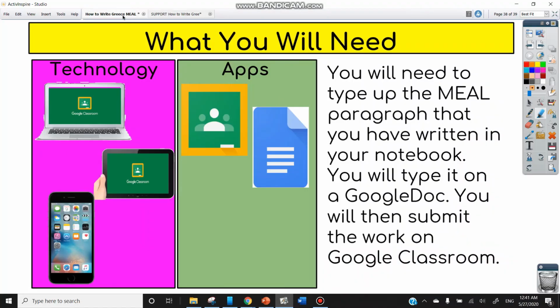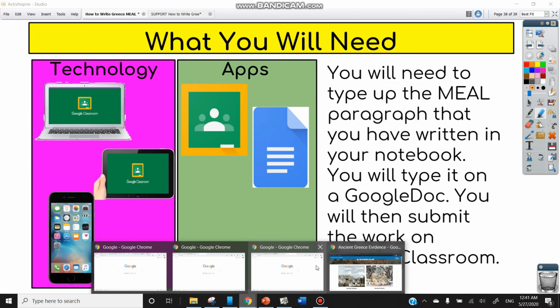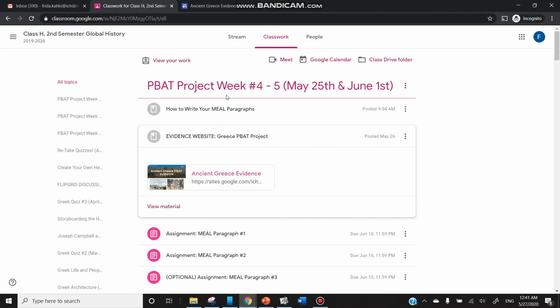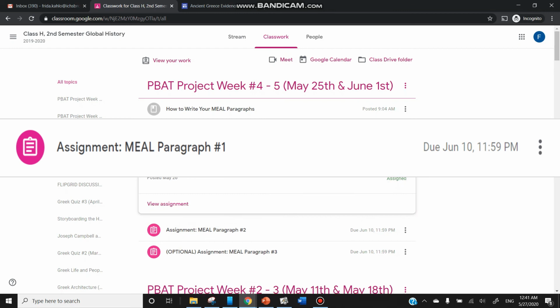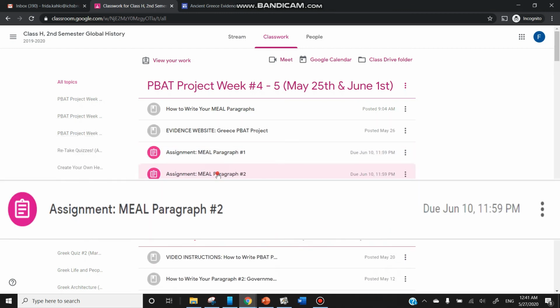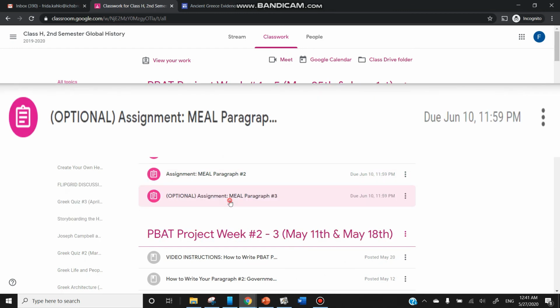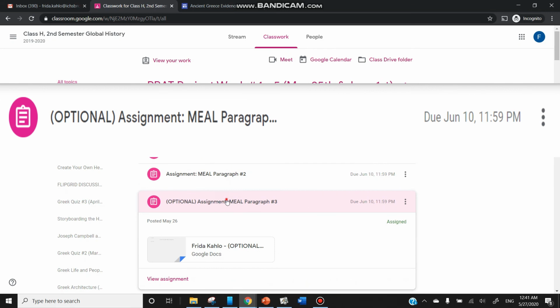After you're done with all the parts, of course you will need to type up the meal paragraph and submit it on Google Classroom. So you will go to Google Classroom and you'll see here under this section we have meal paragraph number 1 assignment, meal paragraph number 2 assignment, and for those of you who think you're going to do 3 meal paragraphs, right here, but of course it is optional.